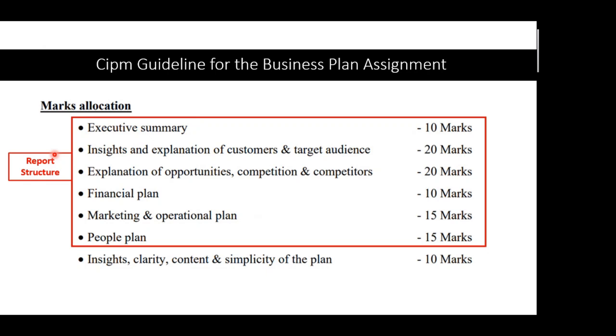I'll show you the examples. In your report, there should be an executive summary, some explanation about customers and target audience, and explanation about opportunities, competition and competitors. There should be the financial plan, marketing and operational plan, and people plan. So all these 6 points are the contents of the report, or else the report should be woven around these topics.